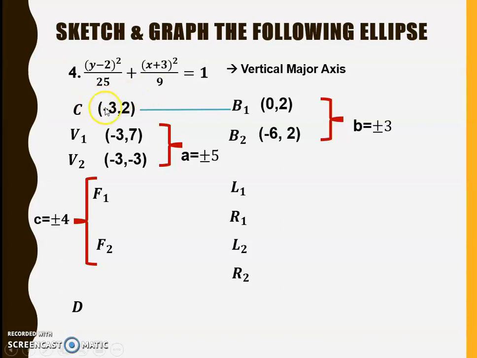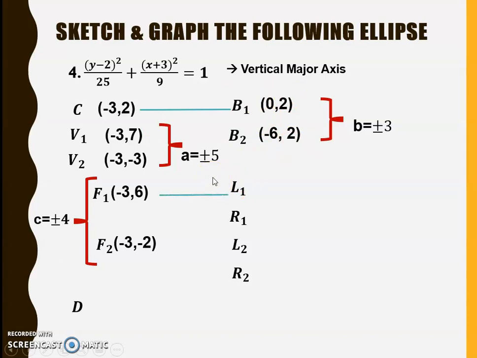If you have the center at (-3, 2), then the two foci will be changes in y's. Therefore, 2 plus 4, that will be 6, and 2 minus 4, that will be negative 2.